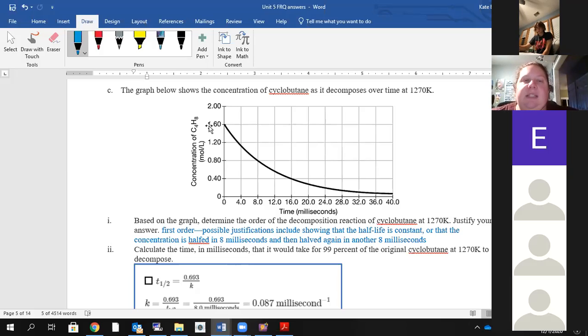So if I start with a concentration of 1.6, half of that would be 0.8. That happens in 8 seconds. If I go through another half-life, from 0.8 down to 0.4, that also took another 8 seconds. So we see that it has consistent half-lives, so we know that it has to be first order.